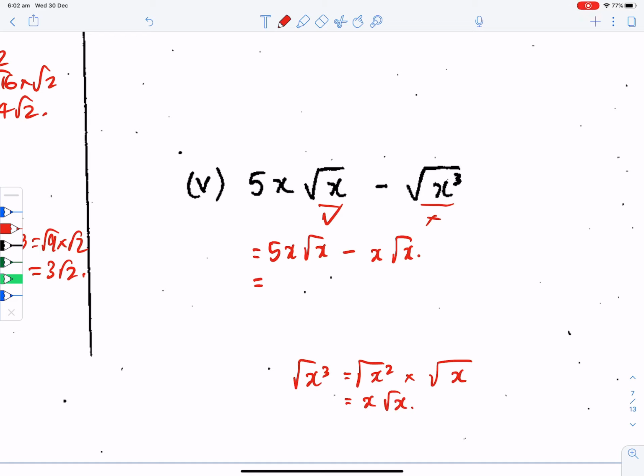And let's pretend there's a 1 here because you're allowed to. So really here, if you think about it, you've got 5 of these minus 1 of these. So 5x root x minus 1x root x is 4x root x.